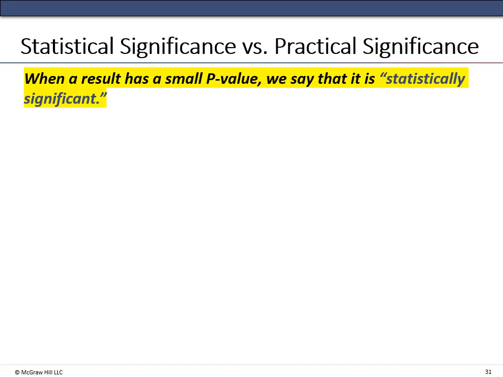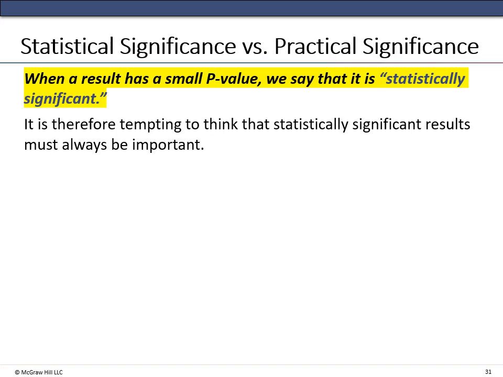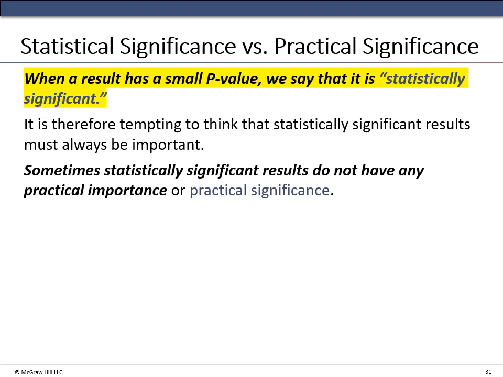When a result has a small p-value, we say that it is statistically significant. It is therefore tempting to think that statistically significant results must always be important. And this is the difference between real life and statistics, okay?